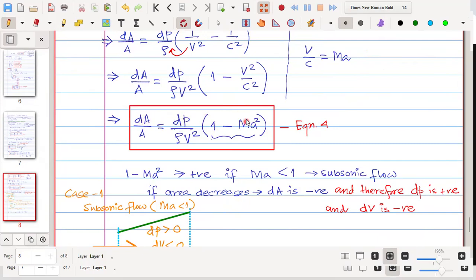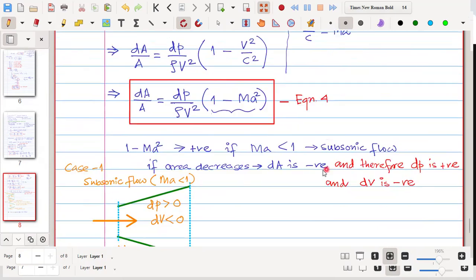That means for a supersonic flow, if the area increases, pressure will decrease. If the area decreases, pressure will increase. Is it clear? Because supersonic flow means this is negative, dA and dP will take opposite signs. Clear?